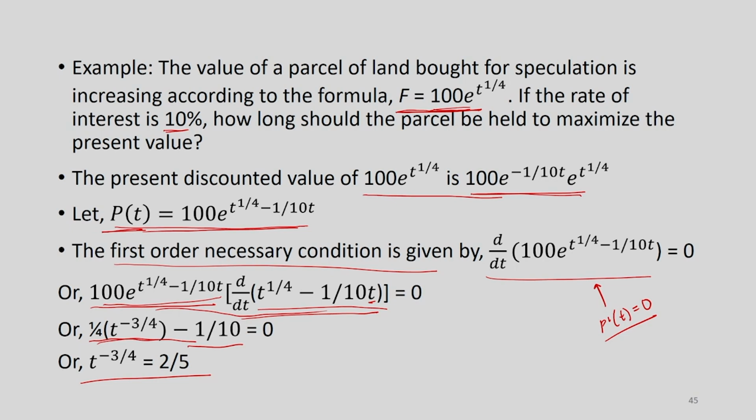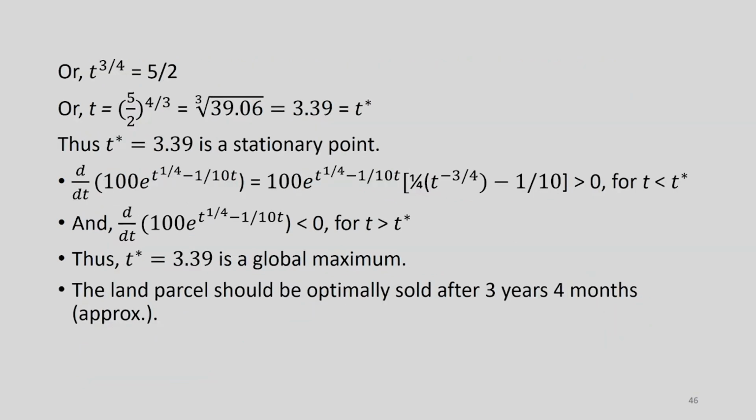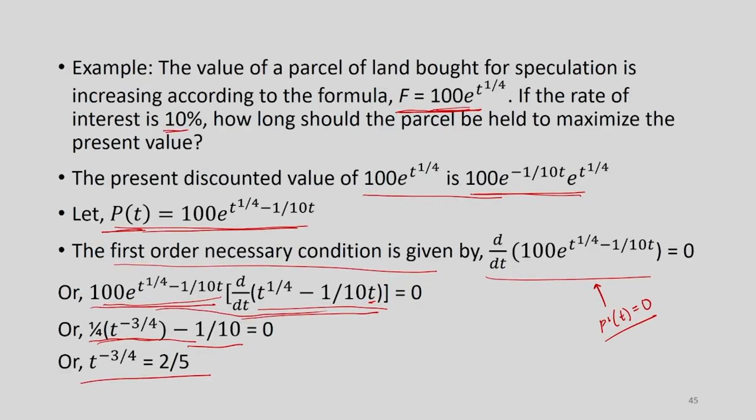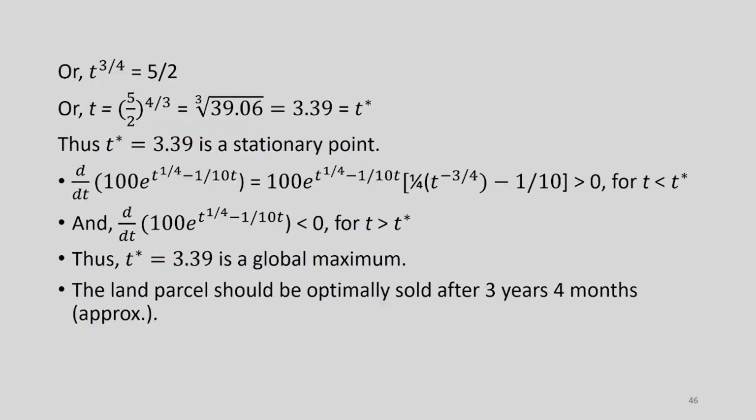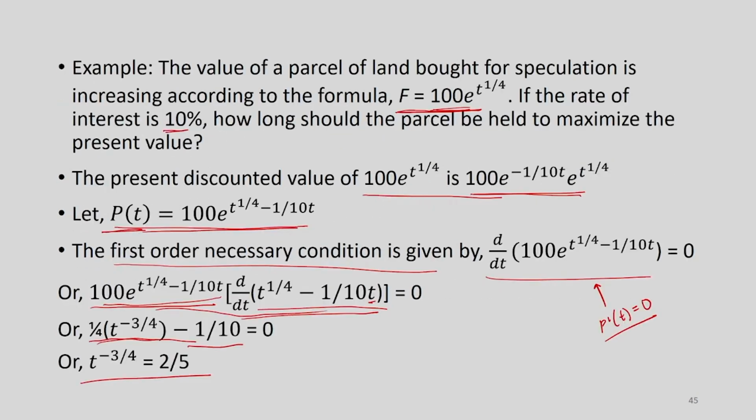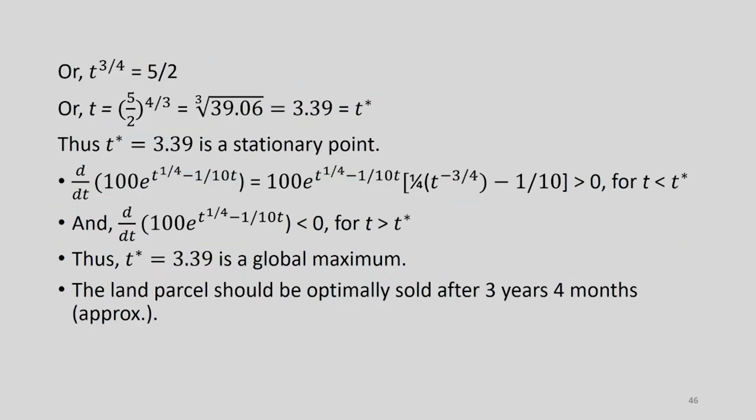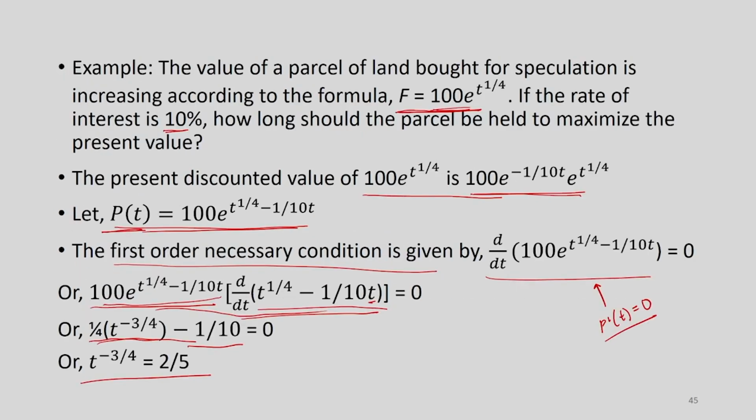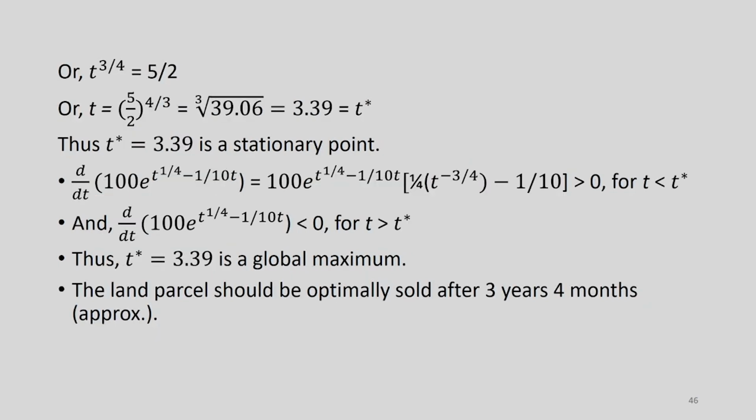So, we are multiplying both sides by 4, and if I take the reciprocal, it becomes 5 divided by 2, and the minus sign of the power of t vanishes.